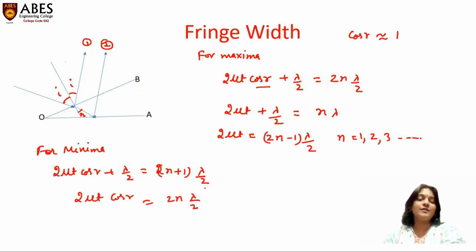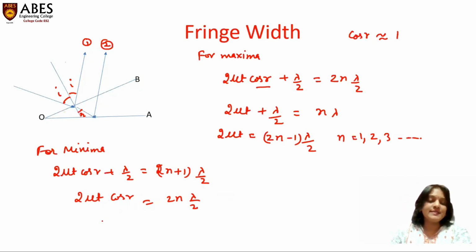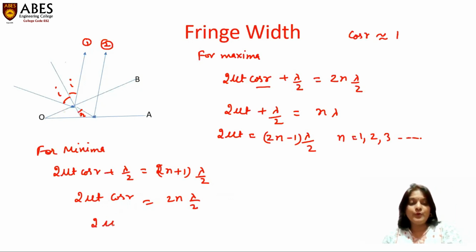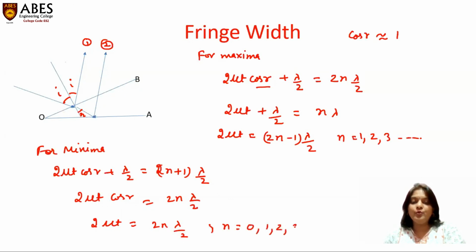This is the condition for the minima. Again, cos R is equal to 1 because of the perpendicular incidence. Then 2 mu t is equal to 2n lambda by 2, where n is equal to 0, 1, 2, 3 and so on. So we will use these two conditions for finding the fringe width.